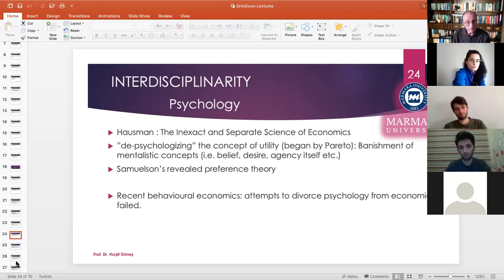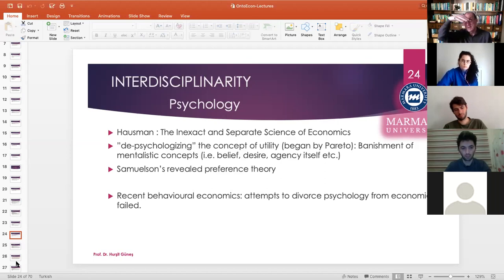And in economics, there was a time when economists felt like natural scientists and thought that they had nothing to do with other social sciences. So they felt that they were separate from all other disciplines. But in the last 20, 30 years, this changed to a certain extent. Now, Hausman, I did tell you that Hausman is a very important man in the United States on philosophy of economics.